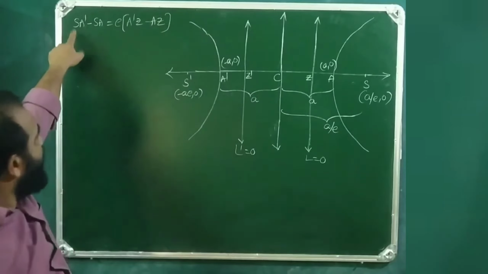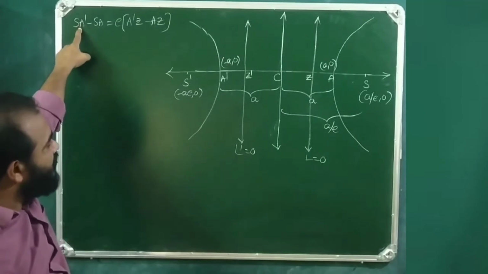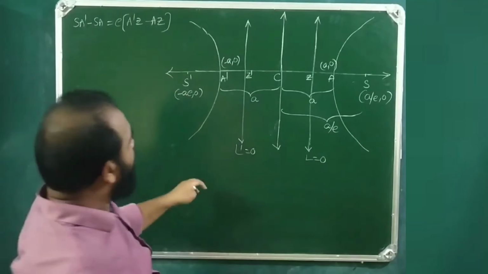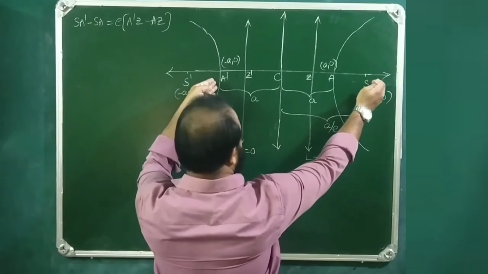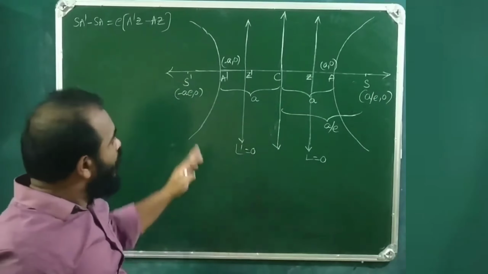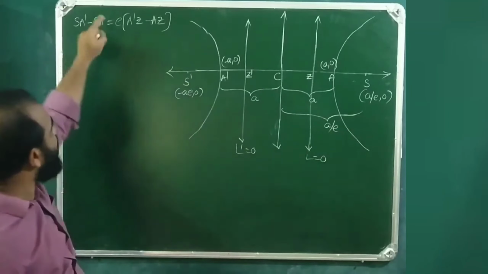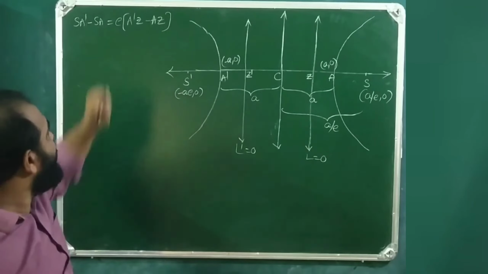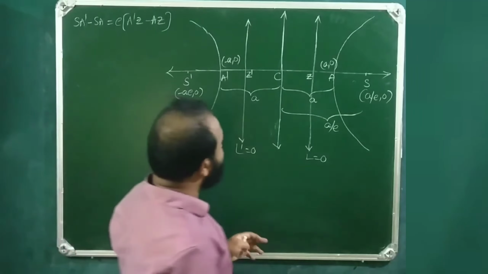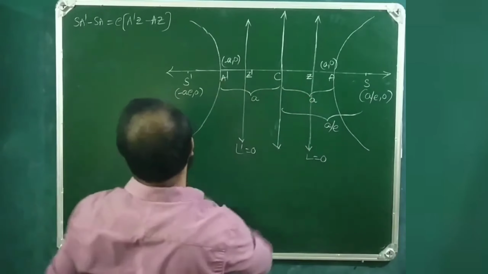So the reason for subtracting SA from SA dash is, according to the diagram, SA dash is this much and SA is this. So generally longer minus shorter is what we are doing. So for which I have taken SA dash minus SA. What is SA dash again? SA dash is CS plus CA dash.